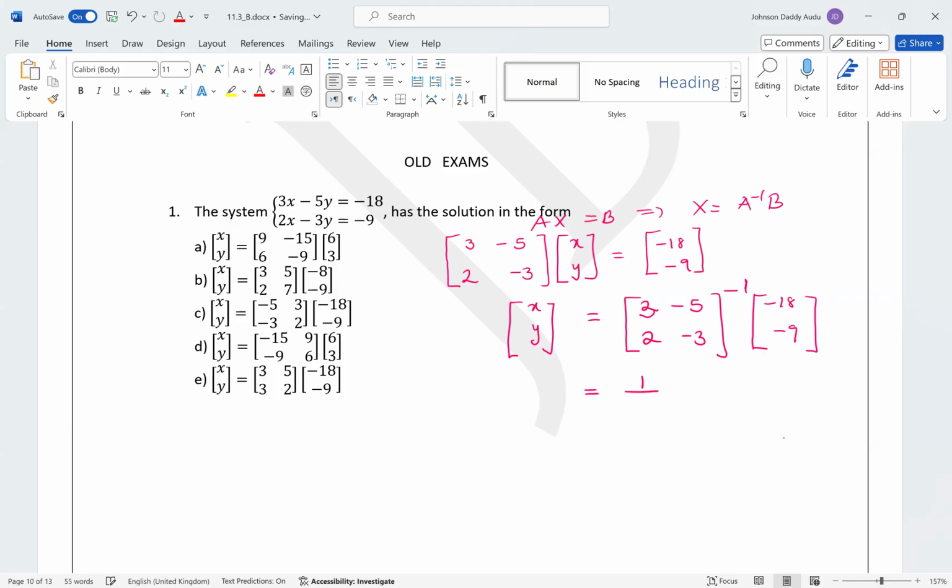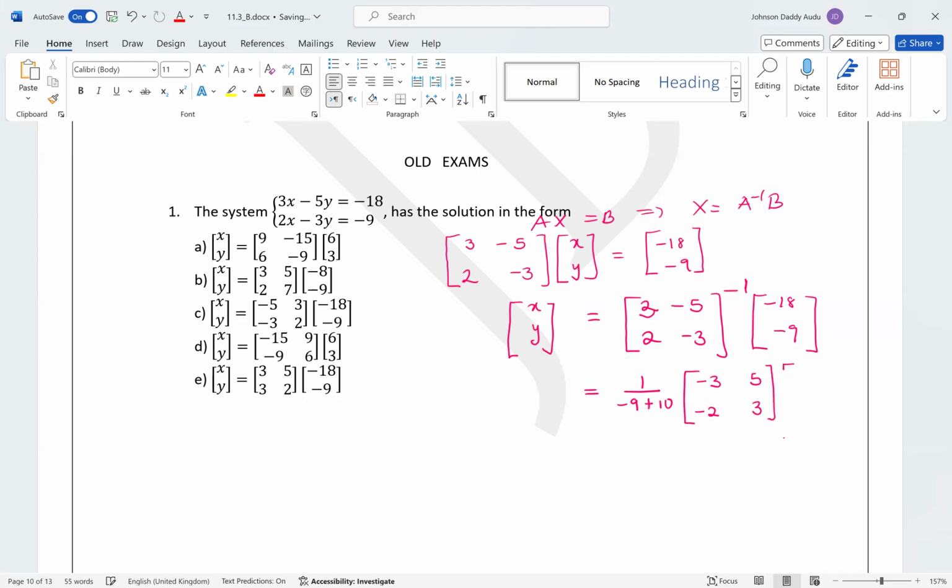So the inverse will be one over the determinant, which is going to be 3 times minus 3, which is minus 9, and you have minus 9 plus 10. And then this will become minus 3, this will become 5, this is minus 2, and this will become 3.